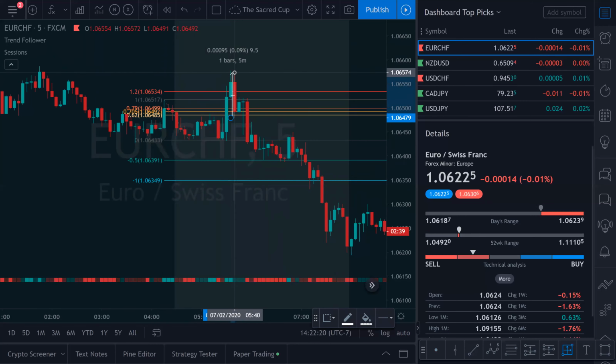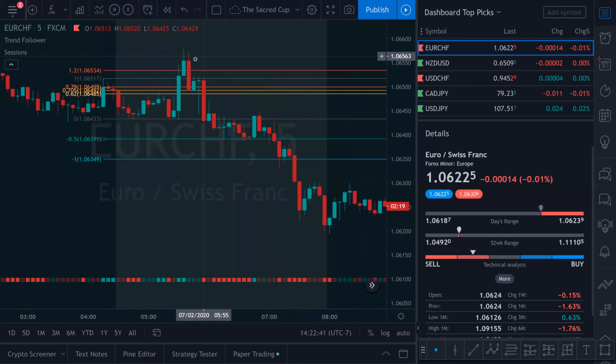Let's see. Unfortunately, it really looks like I would have been stopped out 0.1 from my usual stop. So would I have been stopped out? Probably. With spread, maybe not, but it's probable that I would have been stopped out.